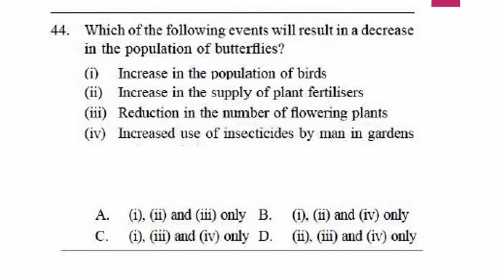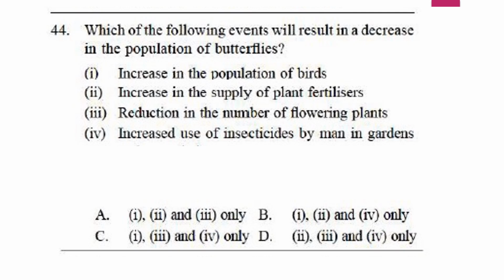Question number 44. Which of the following events will result in a decrease in the population of butterflies? 1. Increase in the population of birds. 2. Increase in the supply of plant fertilizers. 3. Reduction in the number of flowering plants. 4.